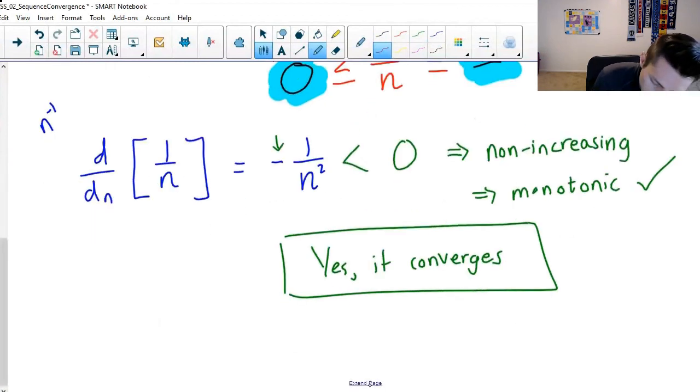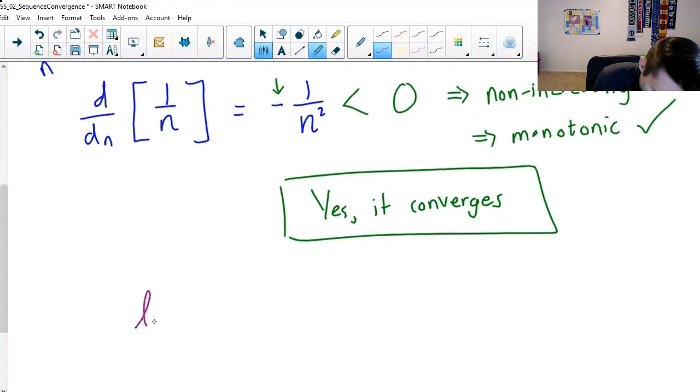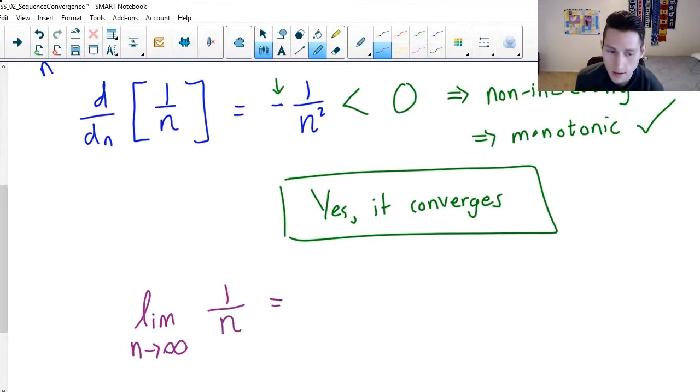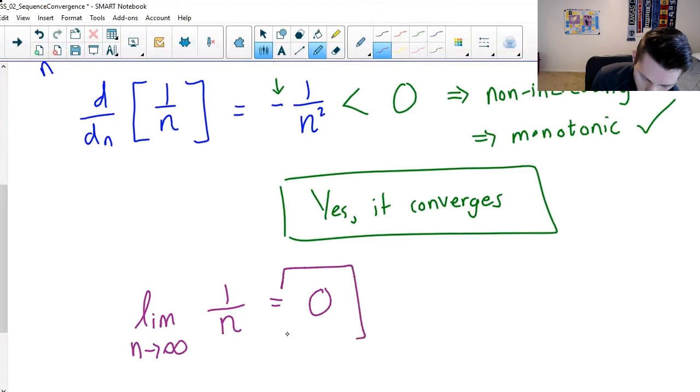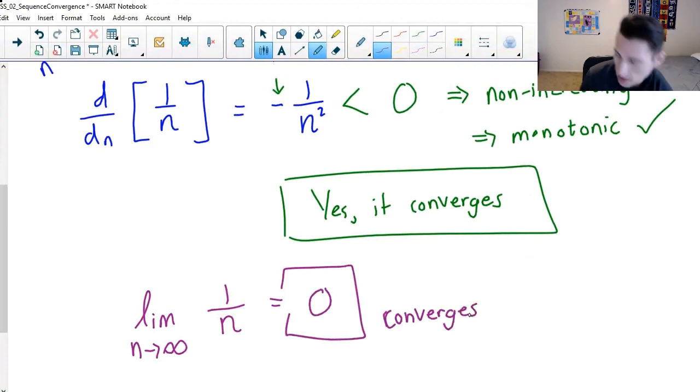We didn't really need to use this theorem, but it's good practice in seeing how it works. The limit of 1 over n as n goes to infinity is 0, which means that yes, it converges. That's just a check that our theorem did work.